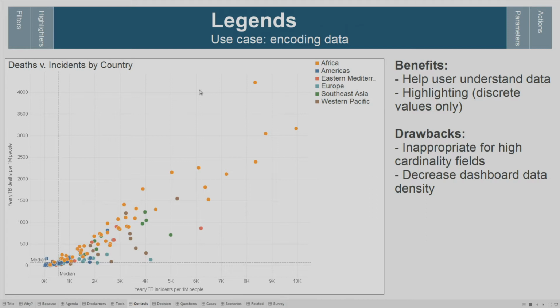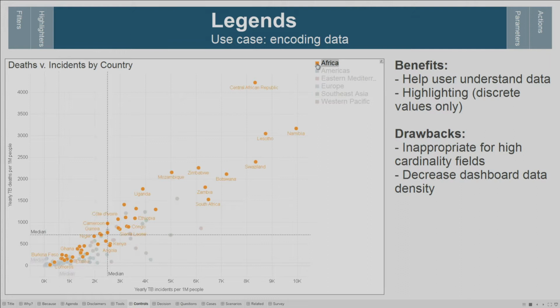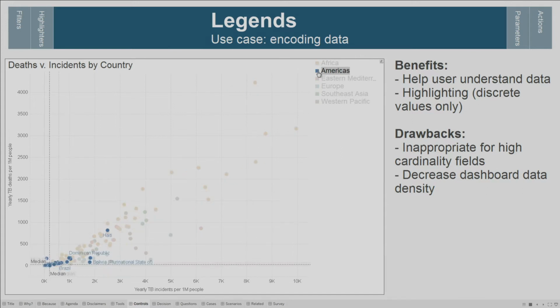Where this becomes interactive is I can call greater attention to that by using a legend to highlight. So I can just select Africa and say, show me all of Africa. And then it's very clear that everything in the upper right is from Africa. Or show me the Americas. And again, because I'm highlighting and not filtering, I'm getting the context. I can see all of the countries in the Americas are pretty much in the lower left, with Haiti as that mild outlier.